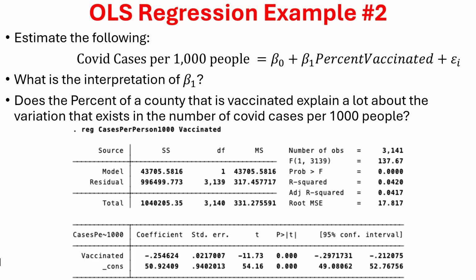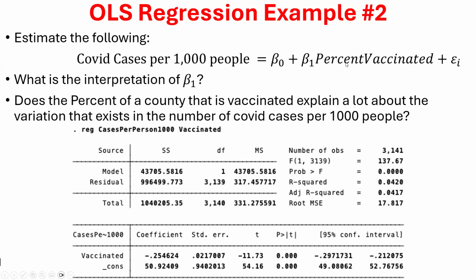So this is saying the proportion of the variation in the number of COVID cases, the Y variable, that the percent of a county that's vaccinated is explaining is 0.04. So how do I go from a proportion to a percent? Just multiply by 100, so 4.2%. So I'm really only explaining about 4.2% of the variation in the number of COVID cases using the percent of the county that was vaccinated.